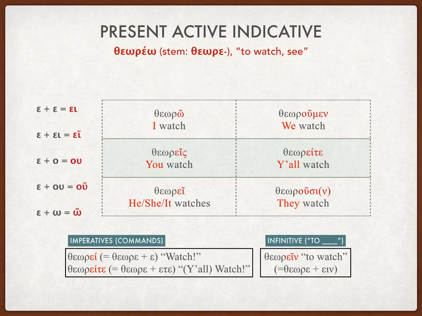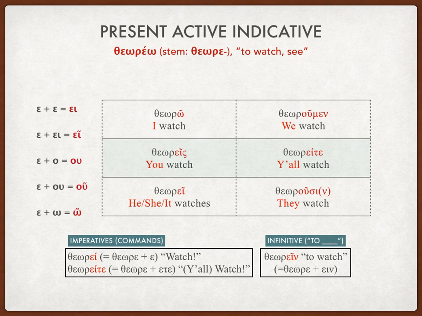Epsilon is very weak, like we saw last time, and if you go back to the last lecture, you will see a couple slides that explain some of the contraction rules, which you can see on the left side of the screen, when epsilon runs into different endings. If you know those formulas that you see on the left side of the screen, everything that you see in the box on the right makes perfect sense. It's just a matter of knowing the rules and how to combine the different sounds.